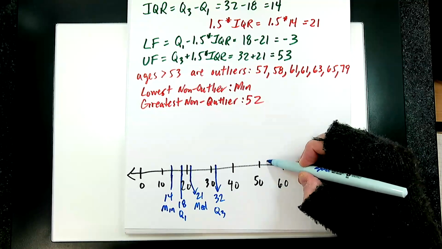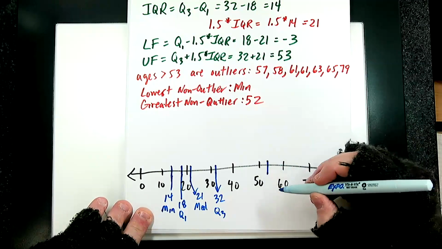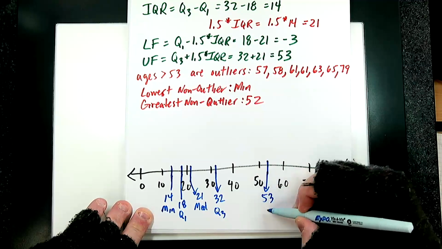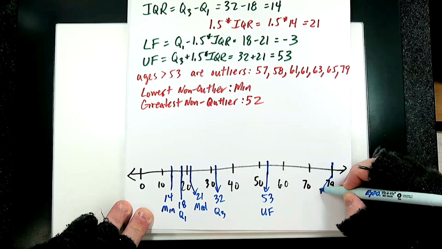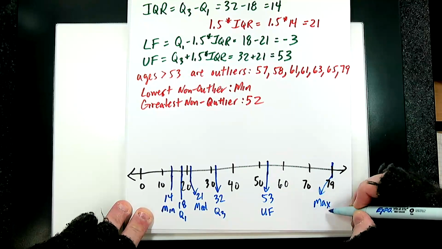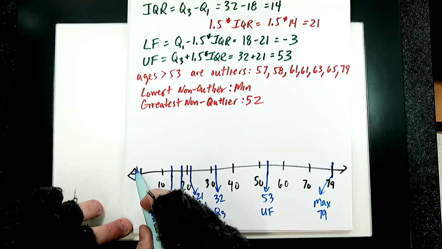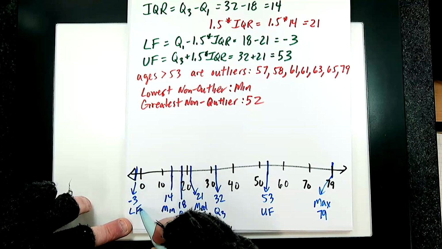And 53 was the upper fence. And 79 was my max. The lower fence was a negative number and is not needed because it's below the min.